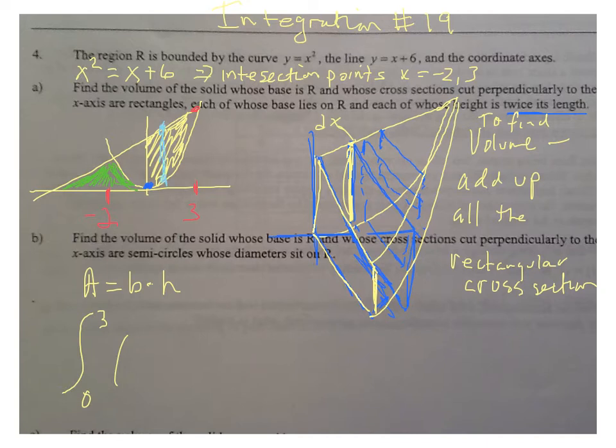So I'm going to take my higher curve minus my lower curve. My higher curve is the line, which is x plus 6, minus my lower curve, which is x squared. So that's my base. I need to multiply that by my height.